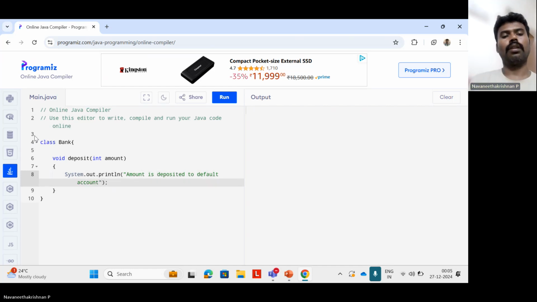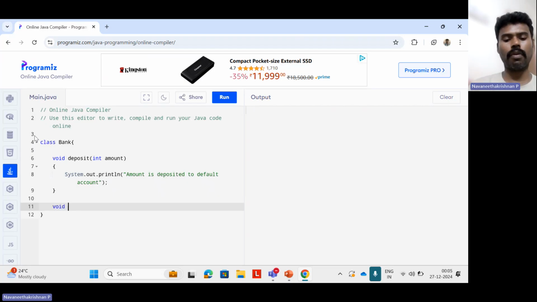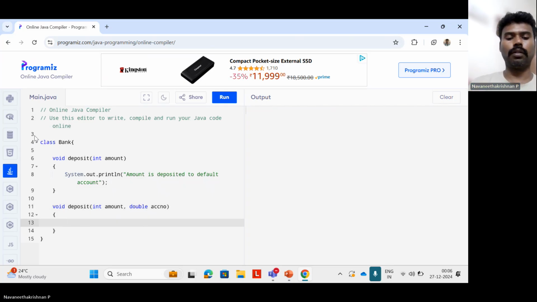Now in the same class, I have a method of the same name. This time I'm overloading this method. The return type I'm not changing. I'm overloading the same method by taking two parameters. This time I'm transferring the amount to some other account, say my friend's account. The account number I'm also adding.